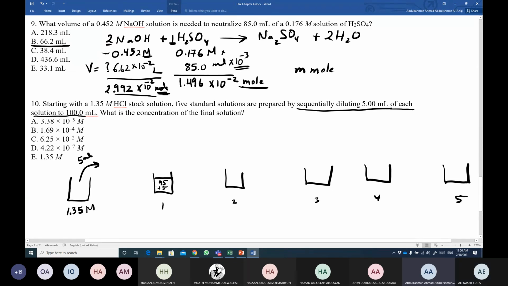I added 95 water. I want you to apply the rule M1V1, or MC VC equal to MD VD, volume diluted. So what will be the concentration of 1? What's the molarity of 1?